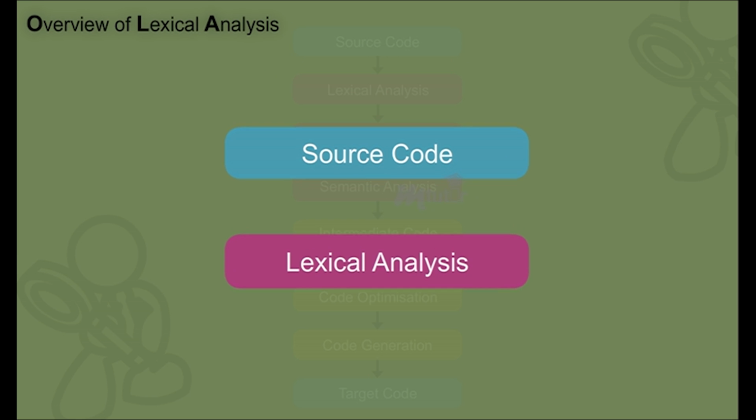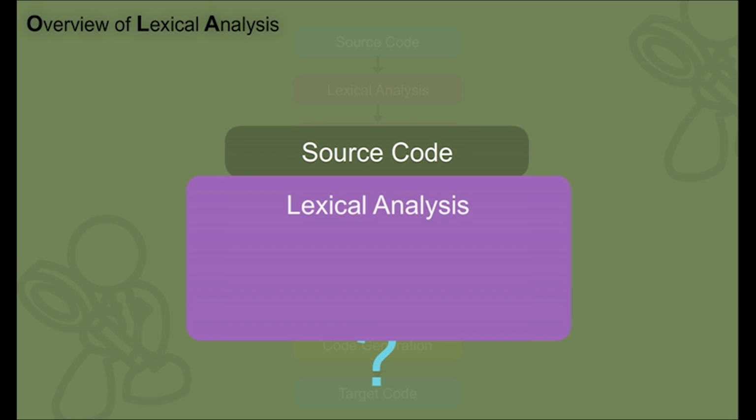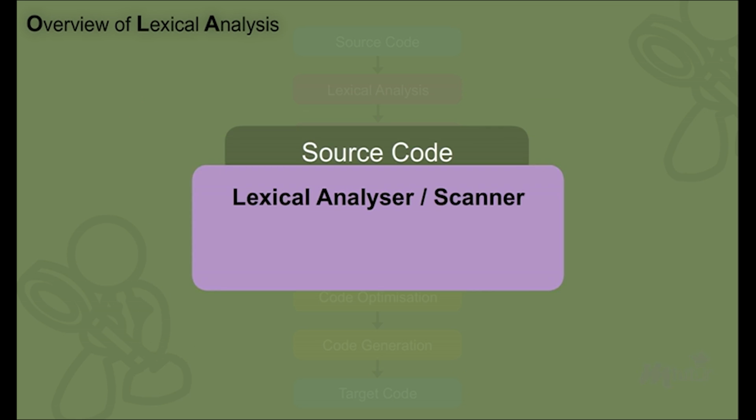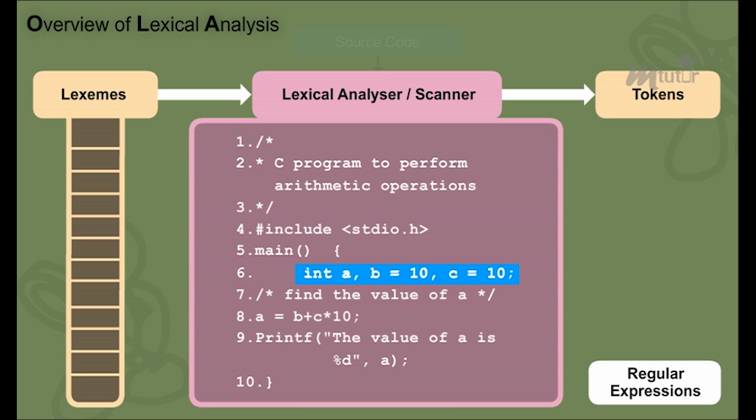When the source code enters the lexical phase, the lexical analyzer or the scanner reads the text, character by character. The main task of the lexical analyzer is to convert the lexemes into tokens. In this line, the letters int, A, B and C are denoted as lexemes.